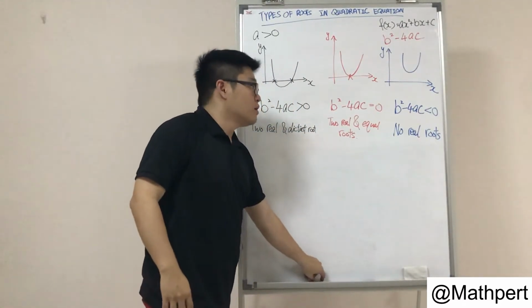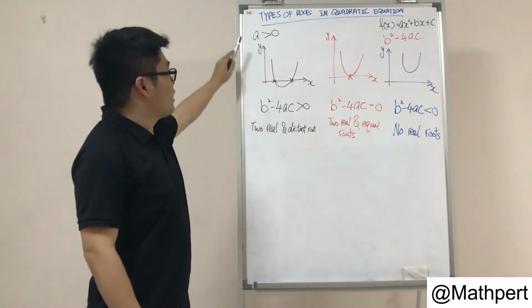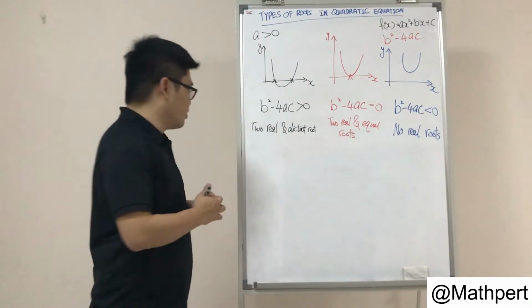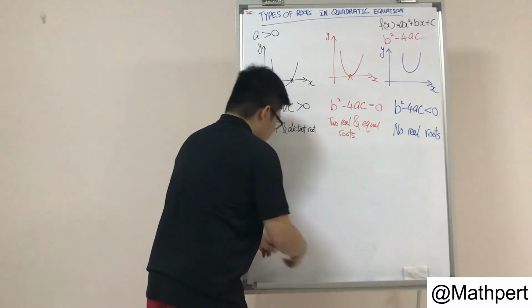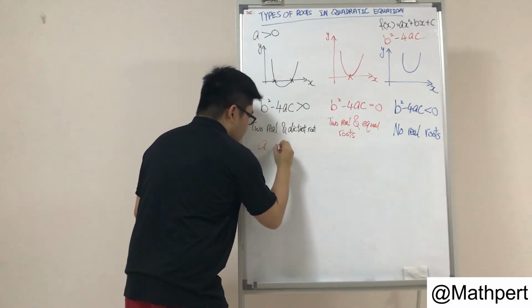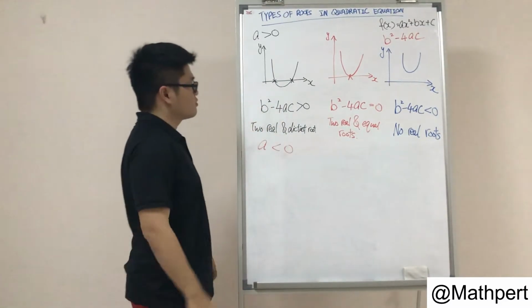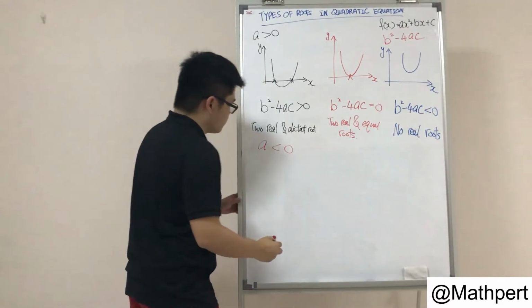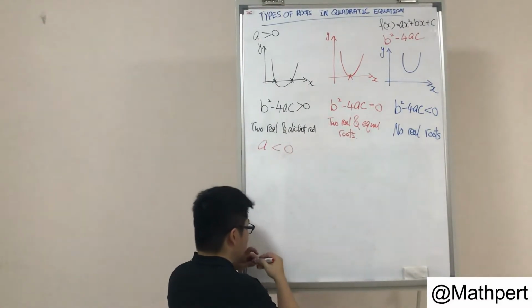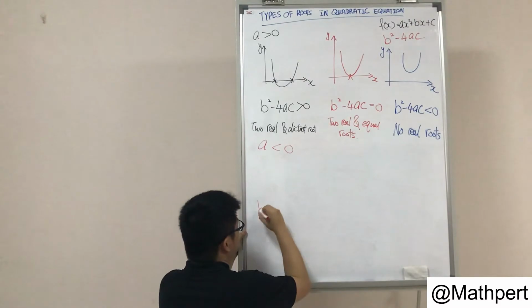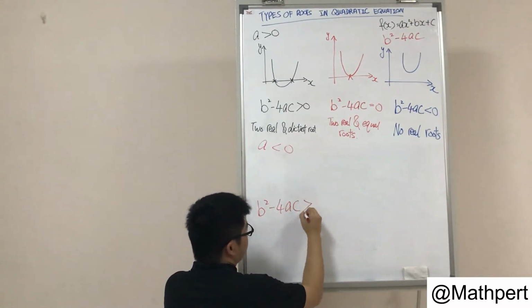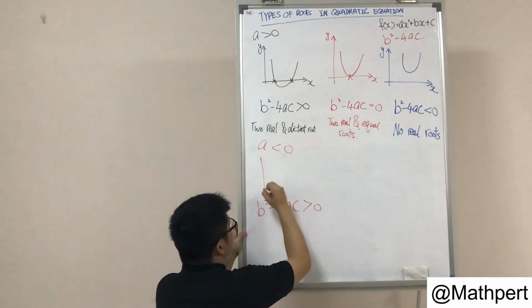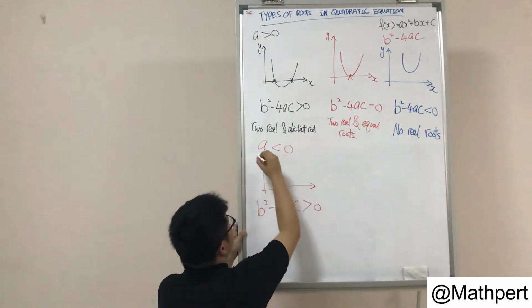Okay. Now let's take a look at when a is smaller than 0. When a is smaller than 0, and b squared minus 4ac is bigger than 0, the graph will be like this.